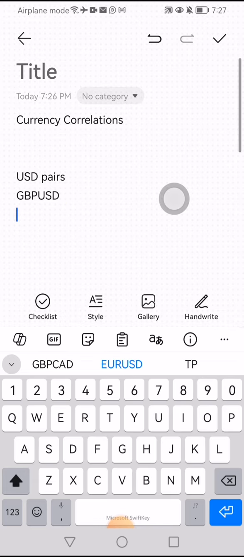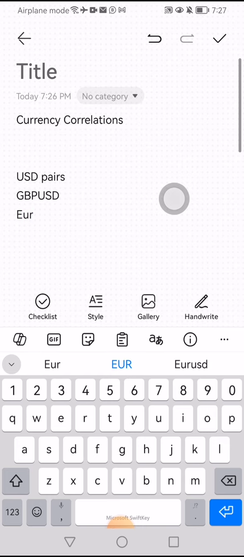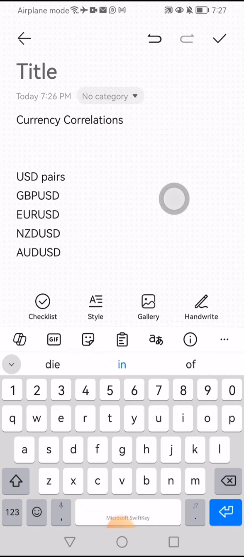So if you take dollar pairs, this will be GBP USD, EUR USD, NZD USD, AUD USD, right? All these pairs move in the same direction. If we were to take a weak dollar, holding everything constant, ceteris paribus as in economics, all these pairs are going to buy.